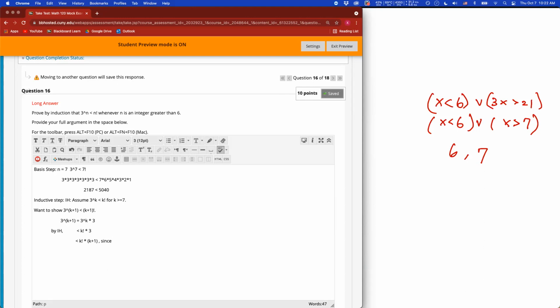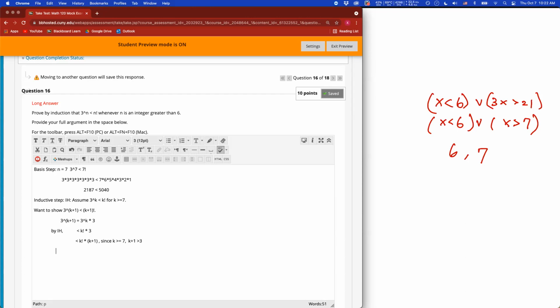Since we know k is greater than or equal to 7, then k plus 1 is definitely greater than 3.